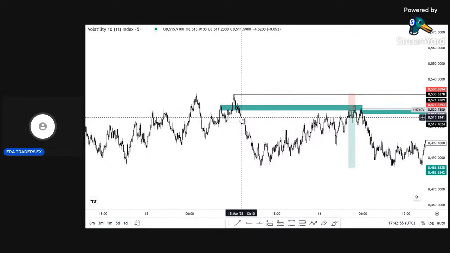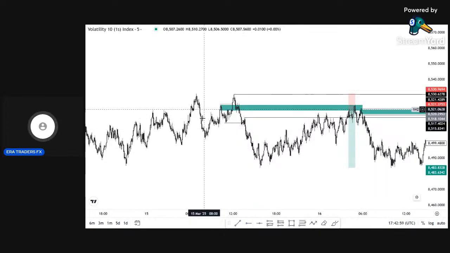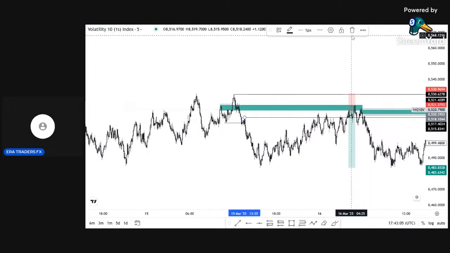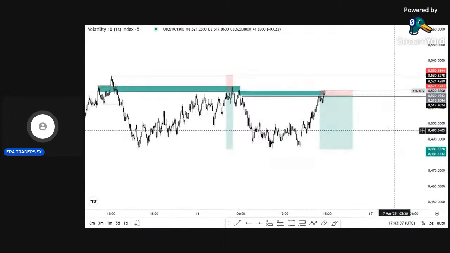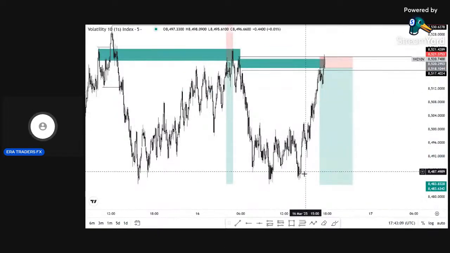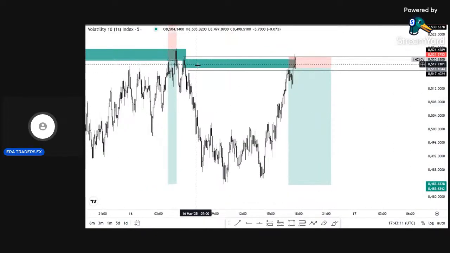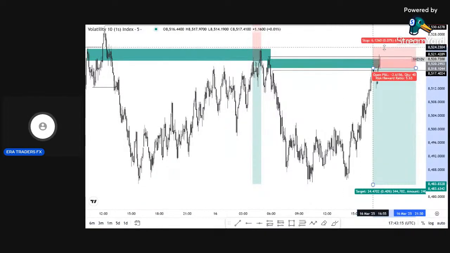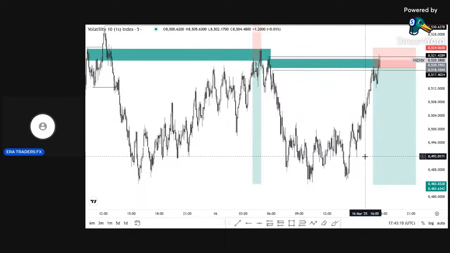This is your cost model. This might be your liquidity. And you see price tapped in nicely and dropped. This is another setup that might likely hold. Your stop loss might just be above here, something like this.